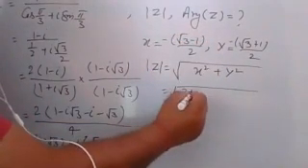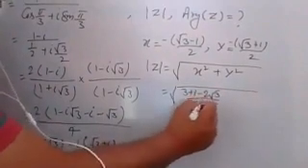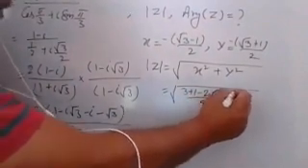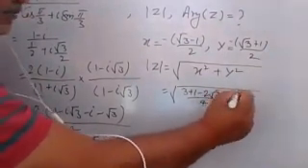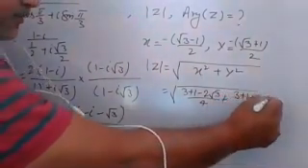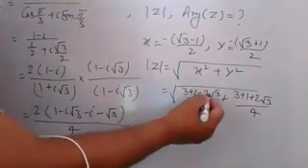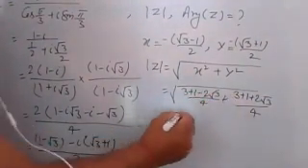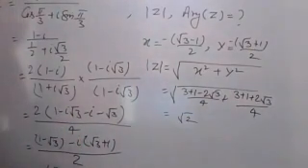So you have 3 plus 1 minus 2 root 3 by 4, and plus here you have 3 plus 1 plus 2 root 3 divided by 4. So if you are taking LCM, again here you have root 2. So the mod of z is equal to root 2.